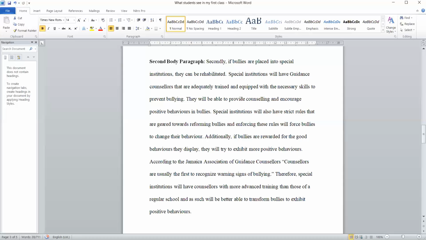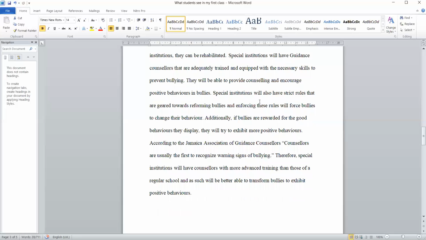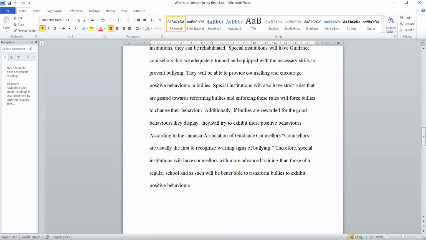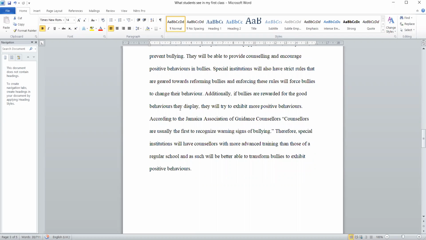They will be able to provide counseling and encourage positive behaviors in bullies. Special institutions will also have strict rules that are geared towards reforming bullies, and enforcing these rules will force bullies to change their behavior. Additionally, if bullies are rewarded for the good behaviors they display, they will try to exhibit more positive behaviors.